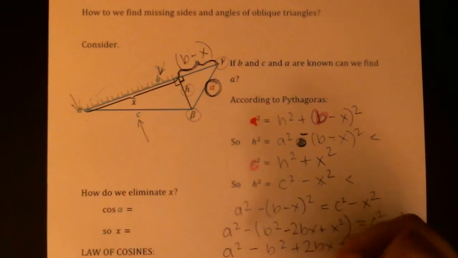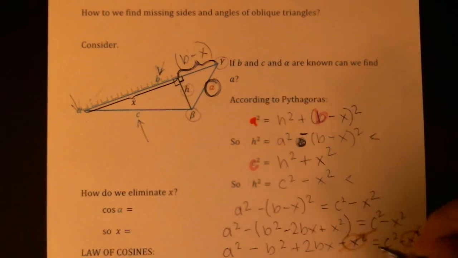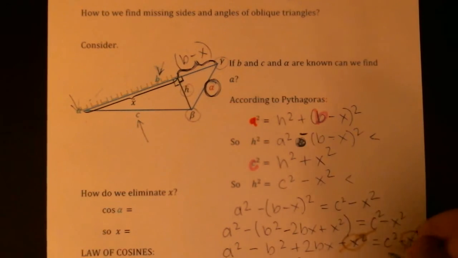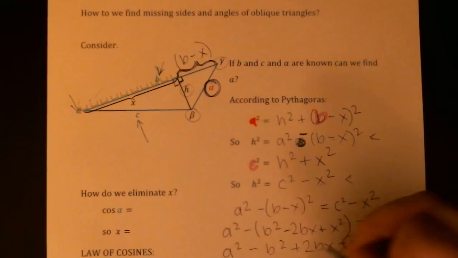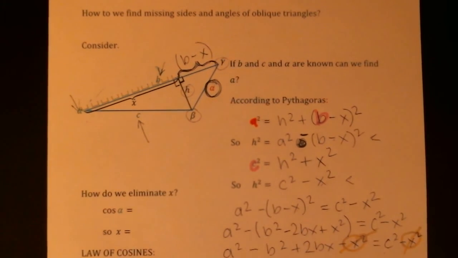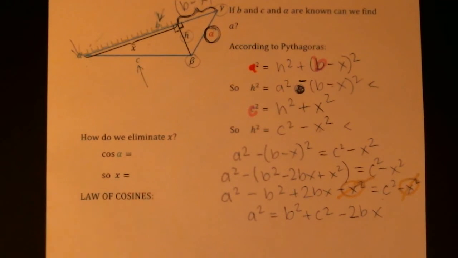And I'm looking for a squared, so I'm going to go ahead and rewrite this so that a squared is by itself again. So I'm going to add the b squared to both sides. I have b squared plus the c squared, and then I'm subtracting 2bx from both sides. Okay, so this is starting to look pretty good. There it is. But I still have that x.